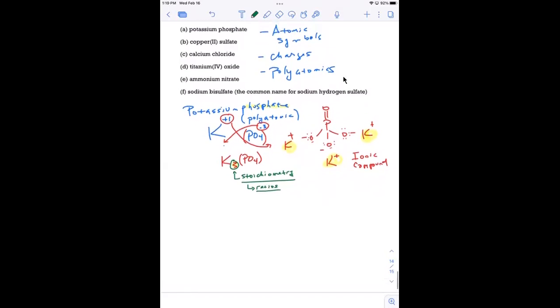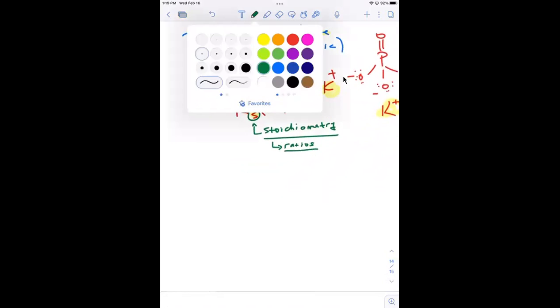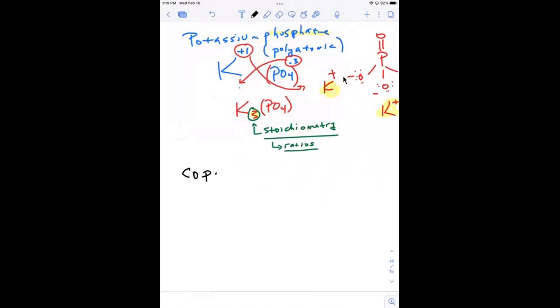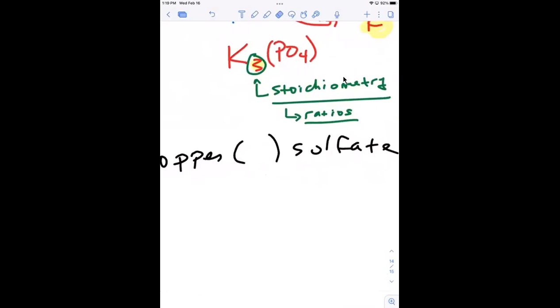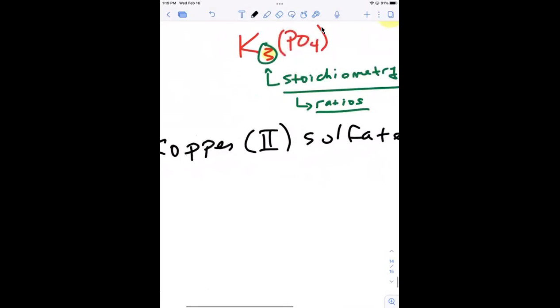All right, let's do the next one, which has a couple of concepts we can play with. This is copper 2 sulfate. All right, what is that Roman numeral 2 that comes after copper? What does that mean? We talked about it the other day. What does that 2 represent?